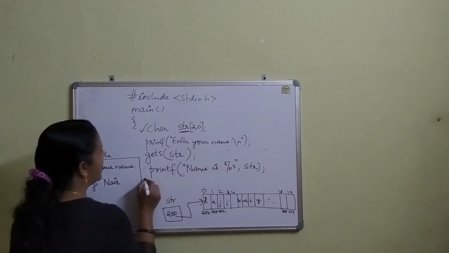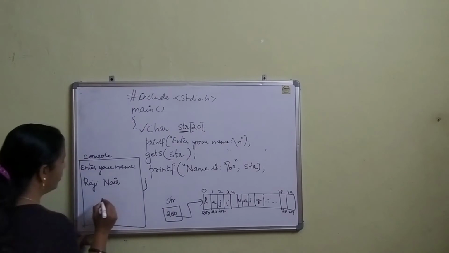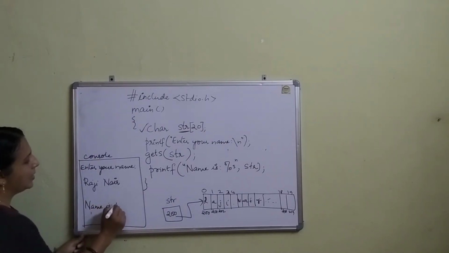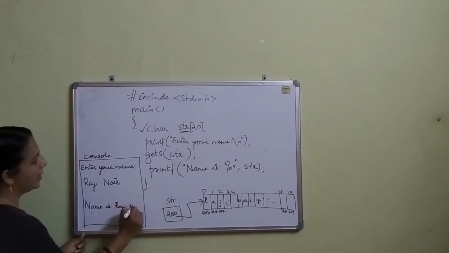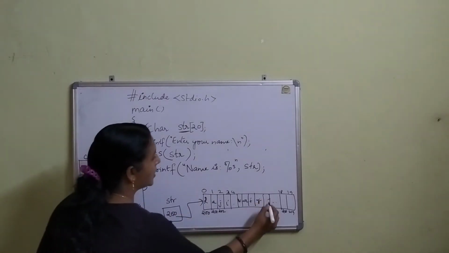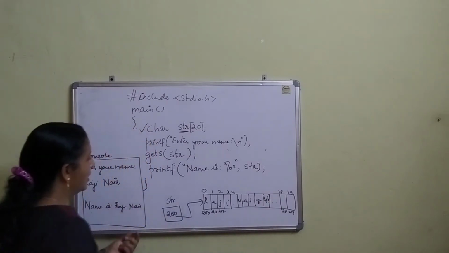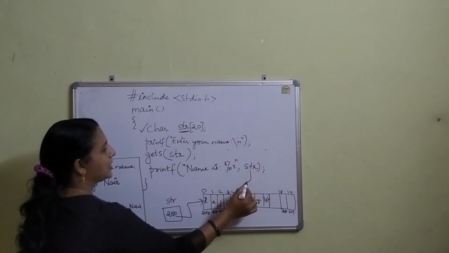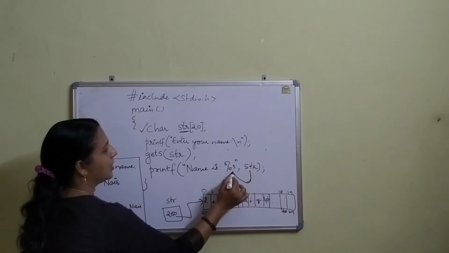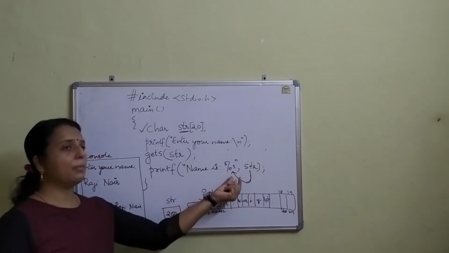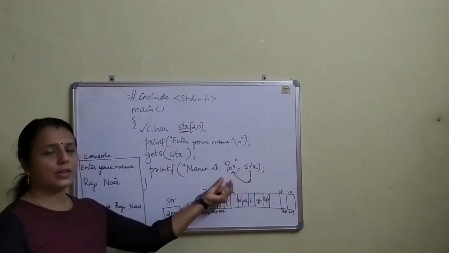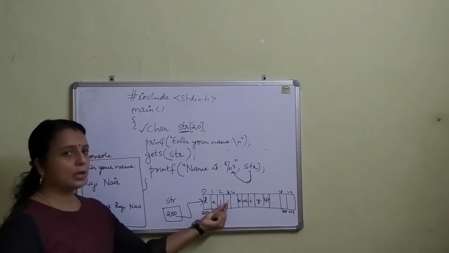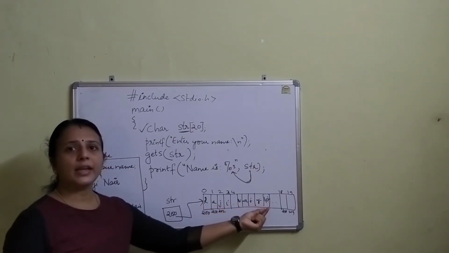So when this statement gets executed, you will be getting a message on the screen like this: Name is Raji Nair. Why? Because the value of whatever is present in this string array is going to replace this %s on the console. It will be reading the characters one by one till it finds a null character.